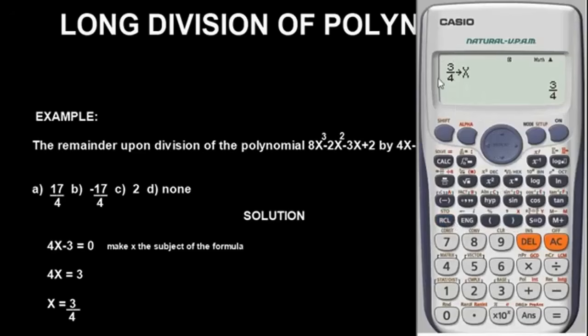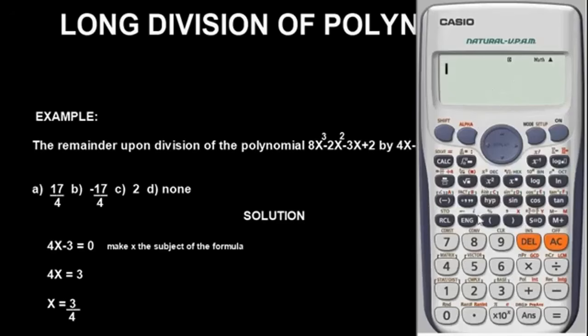Once you do it, this will indicate that 3 over 4 has been stored as x in the calculator. Having done this, the next thing we will do is to input this polynomial function exactly as it appears here in the calculator.